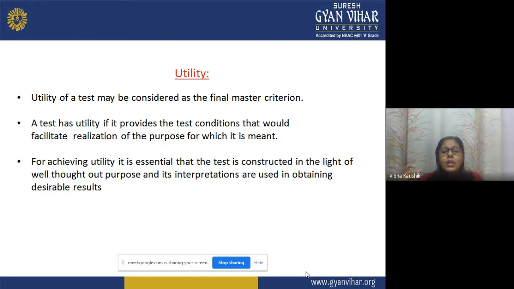When a test is made, it should have some purpose, some objective. For achieving utility, it is essential that the test is constructed in the light of well thought out purposes, objectives, and aims.